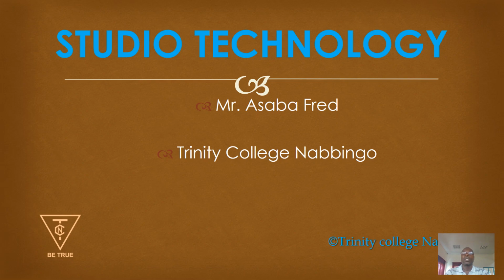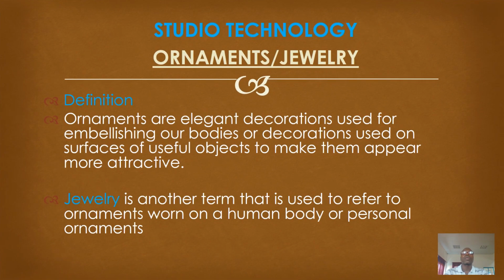This is your teacher, Asaba Fred, and I'm going to take you through a topic in studio technology, which is ornaments and jewelry. One may ask, what is jewelry and what is an ornament?